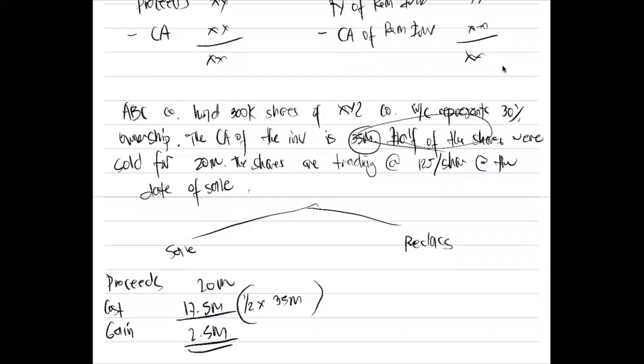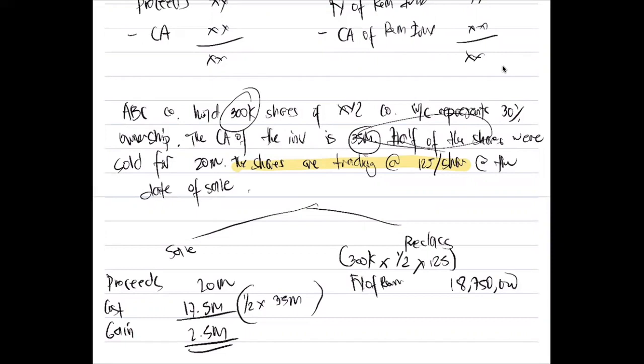For your reclassification, we get your fair value of remaining investment. So what is your remaining investment? Kung 300,000 shares yan, binenta mo yung one half, so one half na lang natira. What is the fair value of those shares? The shares are trading at 125 per share. So 300,000 shares divided by 2 times 125, we have 18,750,000.